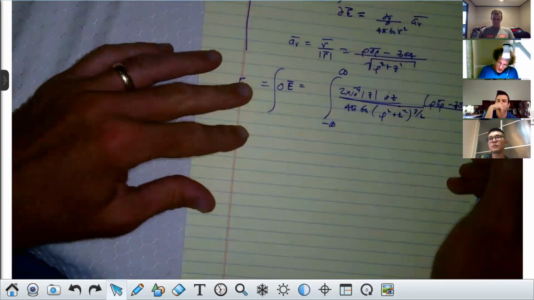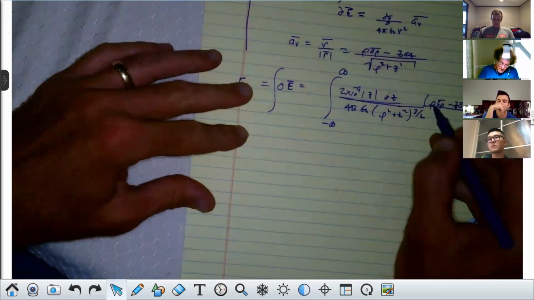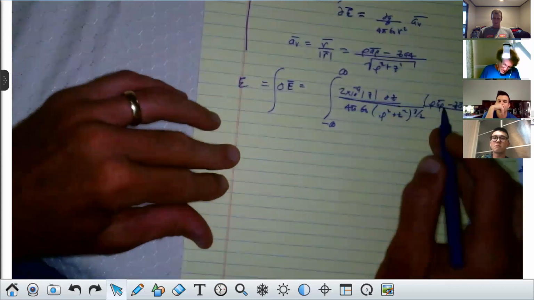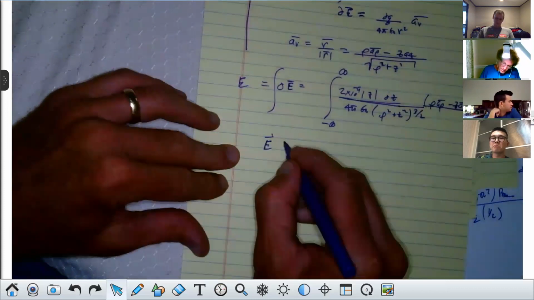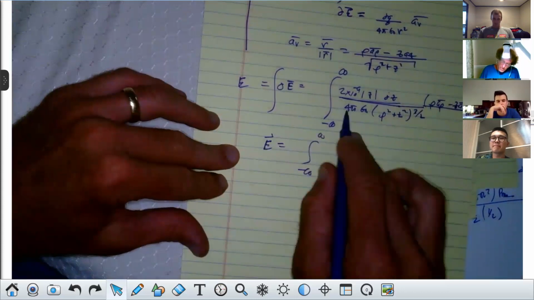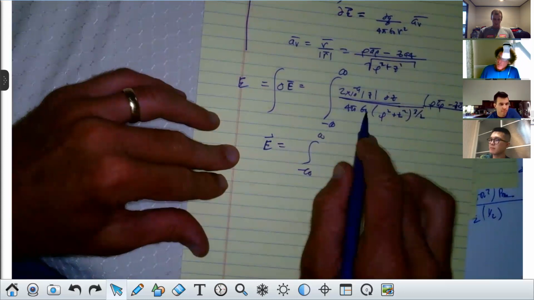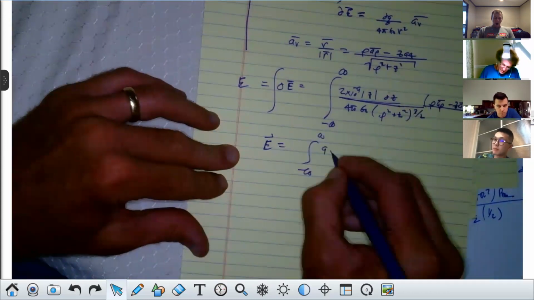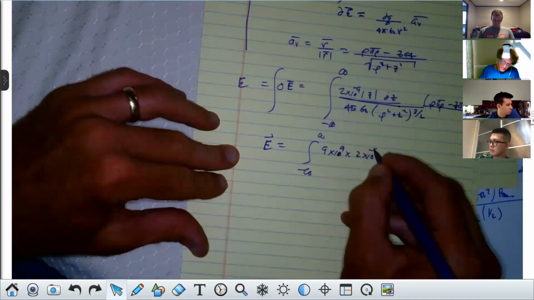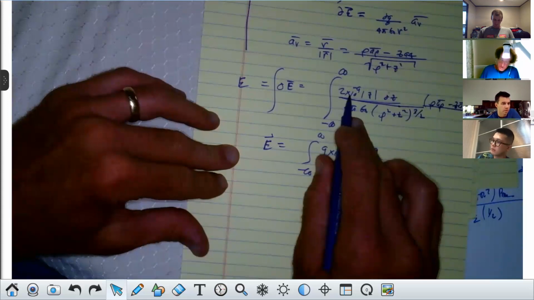So I'm left with this. I'm going to have a rho times this, and I'm going to just focus on this one. All right? So when I do this, I can say E now is equal to the integral from minus infinity to infinity. Well, 4 pi epsilon naught downstairs, if I take 1 over it, it's 9 times 10 to the 9th. So I have 9 times 10 to the 9th. And then it's times 2 times 10 to the minus 9th, right? Agreed? That's just the constants I've got rid of.